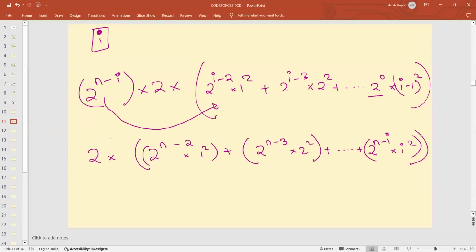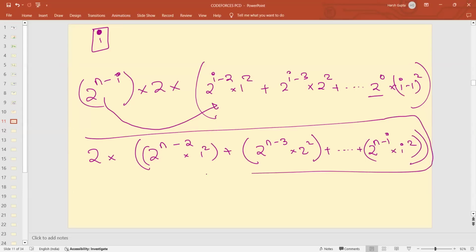You will get this now if you take 2 power n minus I inside, just a simple mathematical conclusion. I simply took 2 power n minus I inside. Okay, so what conclusion do we draw from here?